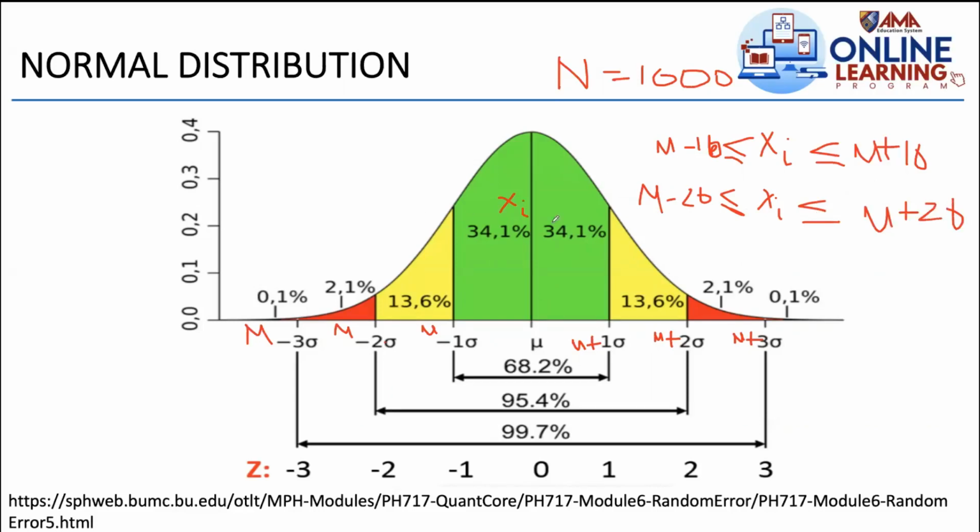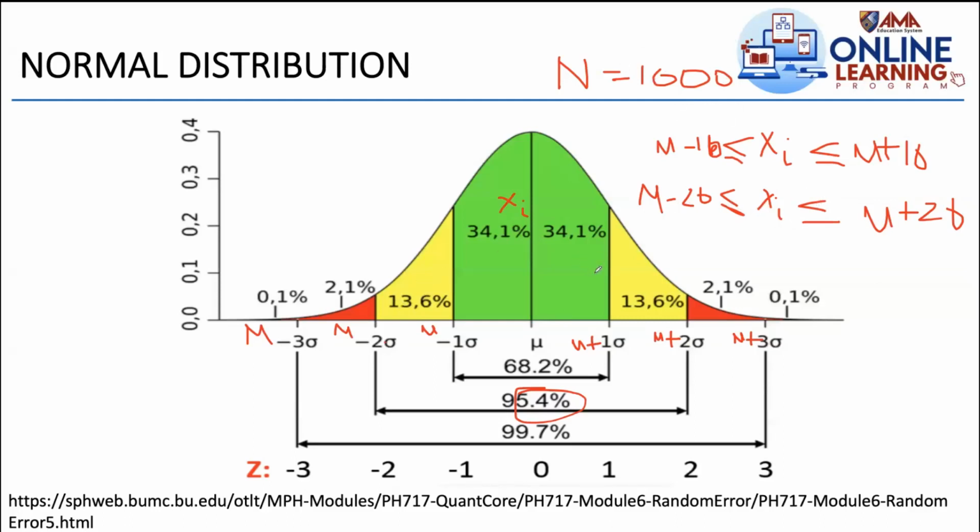And how many x sub i do you have with this property? You have 95%. So let's say 95, not 95.4. Then get the 95% of 1,000, so you have 950. Now, if you want to stick to 95.4, then 954 of your data values will have values between these two and be located in yellow or in green.